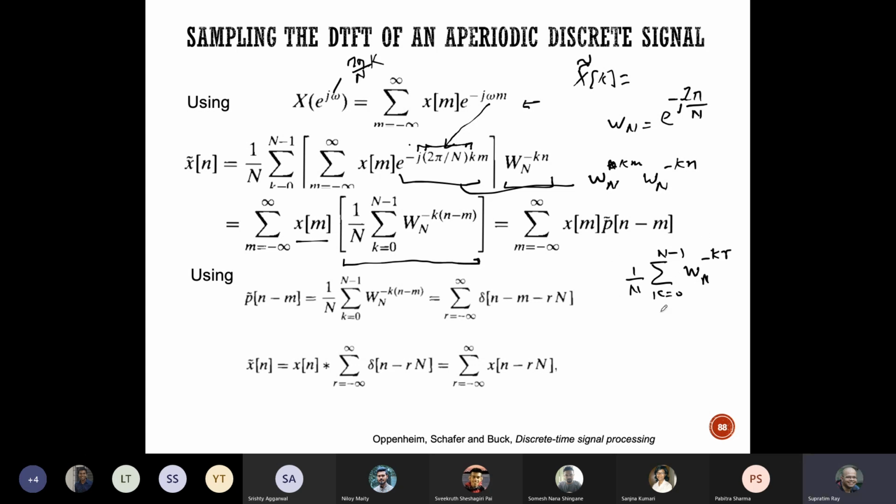This whole thing, when I sum over k, is going to be some function of r. Suppose I'm plotting this function as a function of r. When r is equal to 0, what is this function?